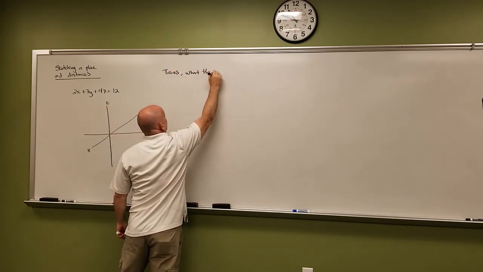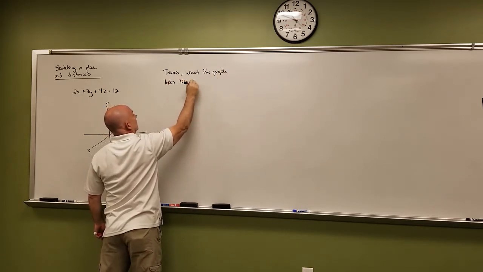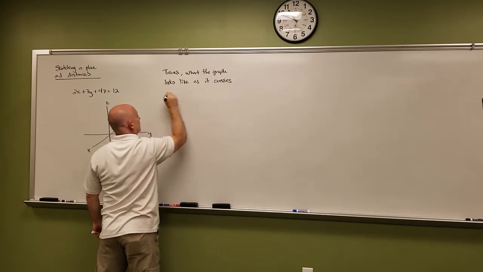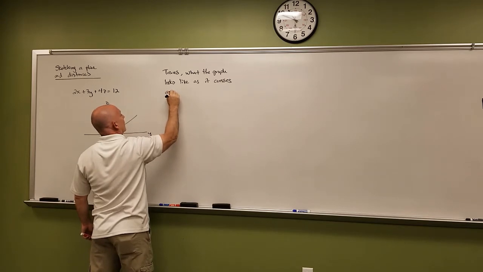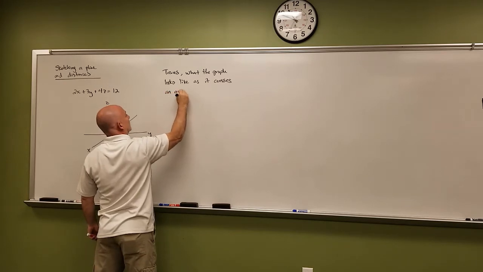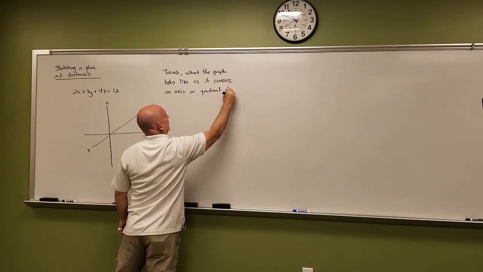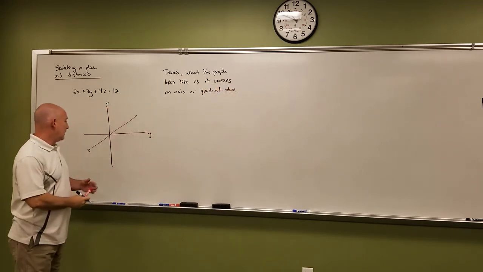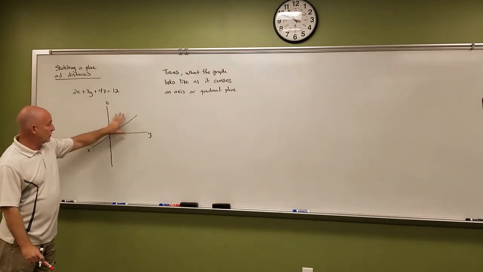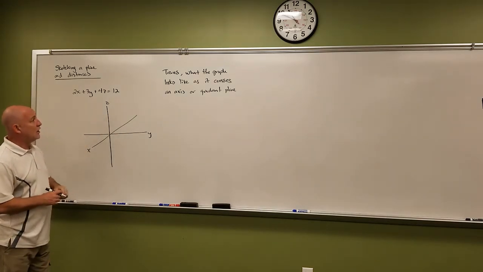A trace is what the graph looks like as it crosses an axis or a quadrant plane. Now what I mean by a quadrant plane, like the XY plane would be a quadrant plane. The YZ, that's the one that's flat in the board, is a quadrant plane. The XZ one, that's the one that's kind of coming out at us, that's a quadrant plane. So what does it look like?